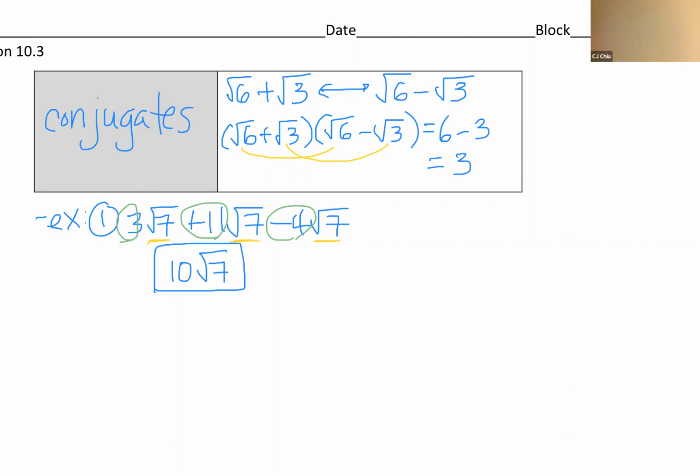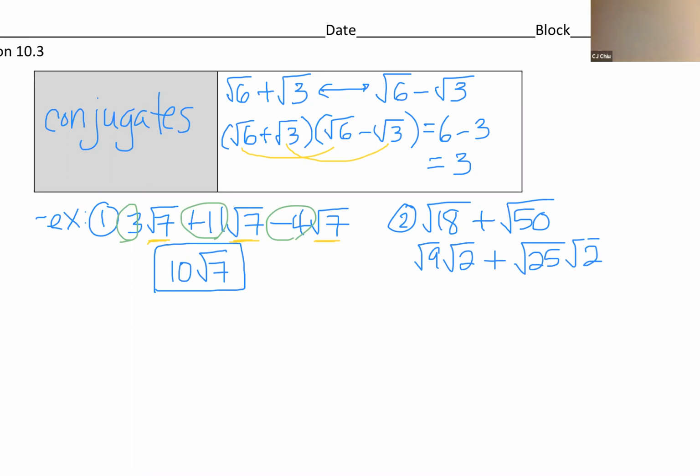So what if you start off with something like square root of 18 plus square root of 50? Notice you can't combine these right away because they're not the same. But what if we simplify them? So square root of 18 becomes square root of 9, square root of 2. Square root of 50 is square root of 25, square root of 2.